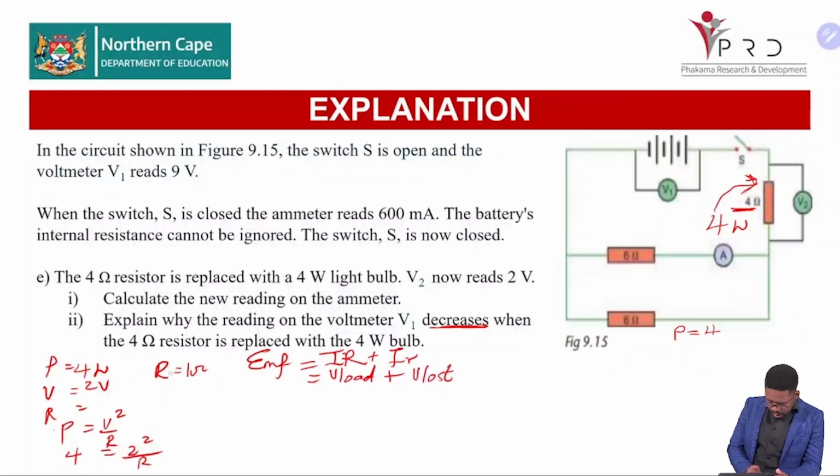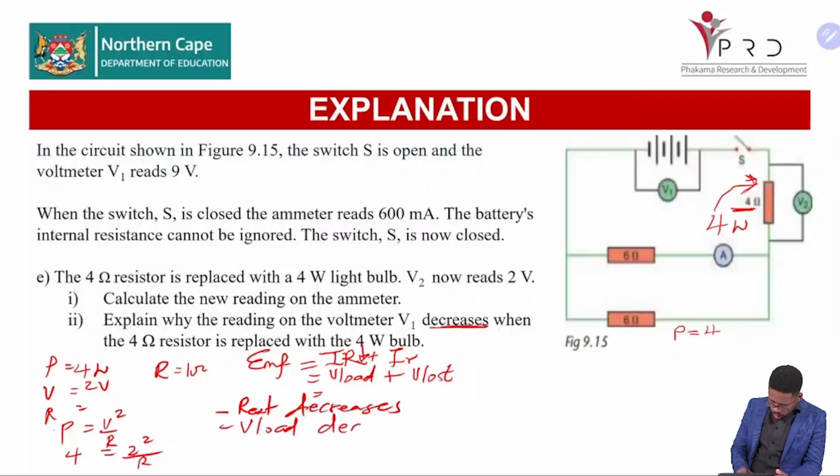So if you decrease the R external, this R, what will happen? You are decreasing R external. So your first point, you'll tell us that R external decreases. And when R external decreases, what will happen to the V load?